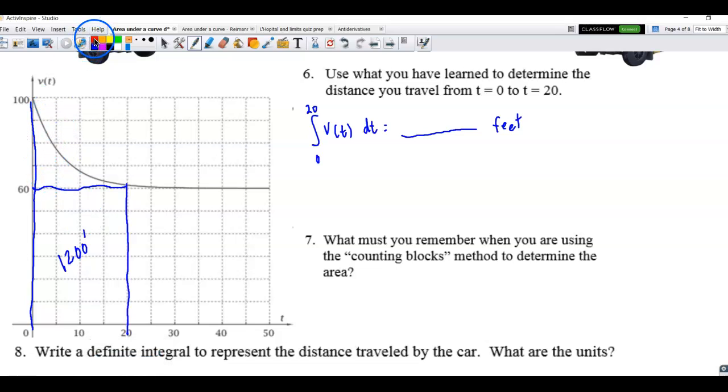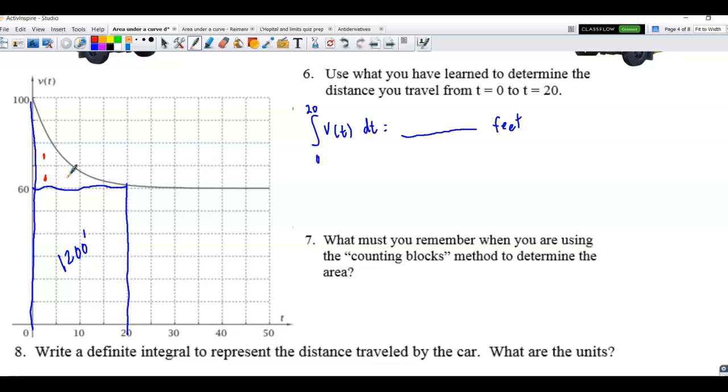Now the way we're going to do that is we're going to count the blocks. Notice that these blocks are not all whole blocks, so we're going to have to piece them together, and this is where the estimation strategy comes from. Very important to put dots in so that you don't overcount something. So this would be 1, and this one is close enough to be counted as a whole block, so I'm going to say that's 2.